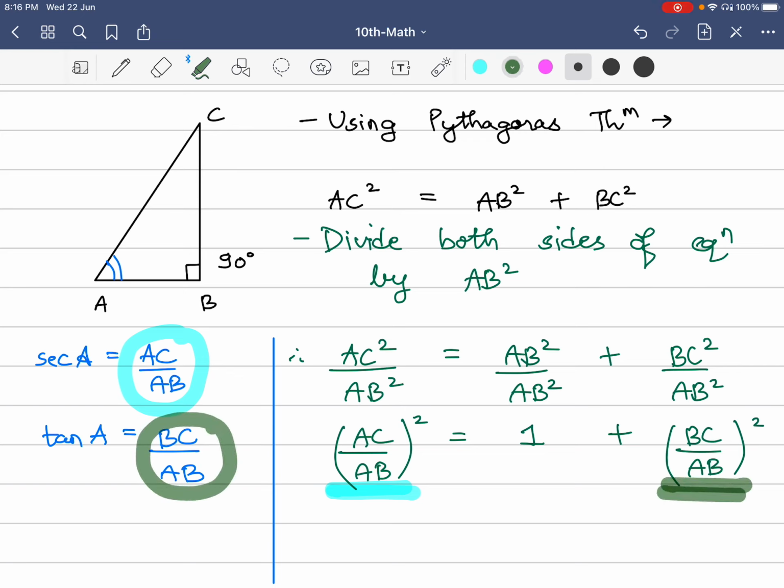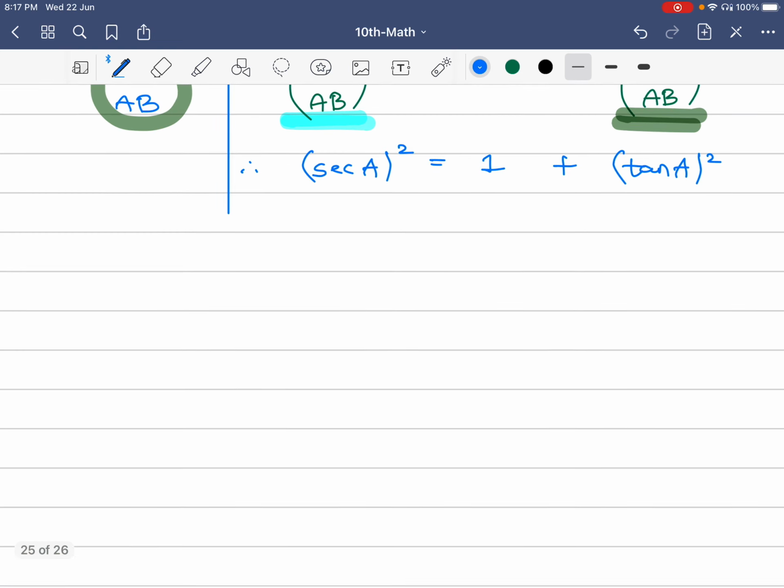So thus we can substitute, and therefore we get AC by AB is sec A. So sec A the whole square is equal to 1 plus tan A the whole square. And thus I have got my second identity, which involves two trigonometric ratios, tan and sec.